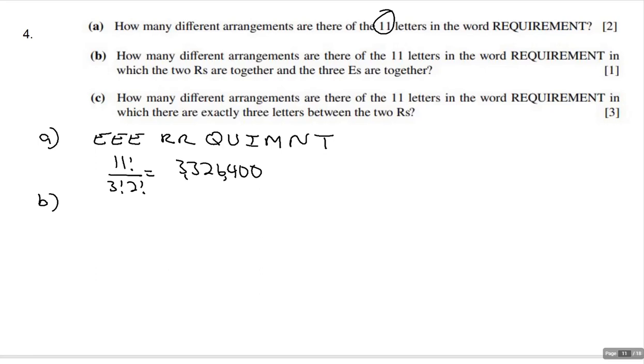I got 40,320. All right, so talk to me. How'd you do it? I put the R's and the E's together. All right, so I'm just going to circle them since they're already together. Right? Yes.